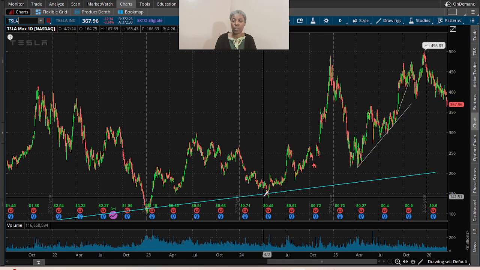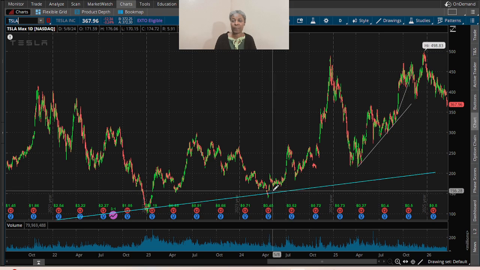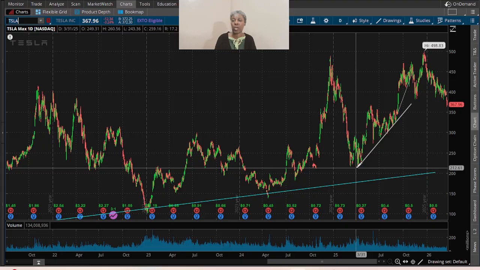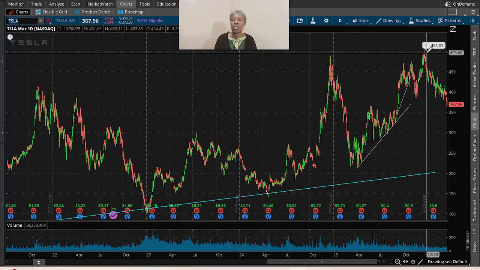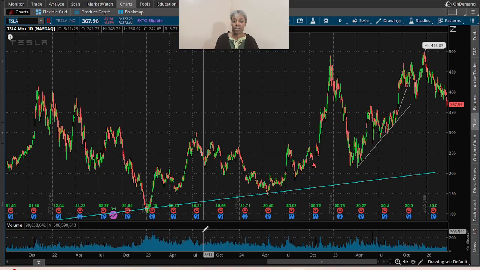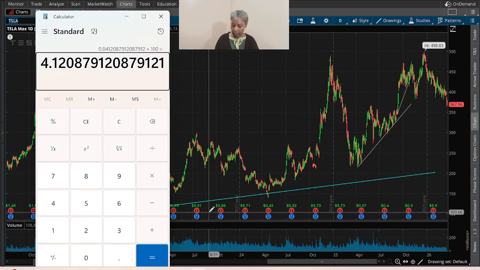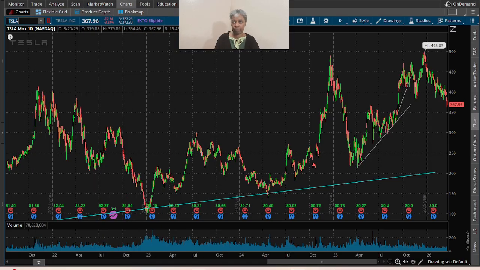So even if we didn't buy it there, let's say it came back down here and we purchased it here at 212, and we sell it at the all-time highest price of 498, for instance. So 498 minus 212 is 286 return per share.